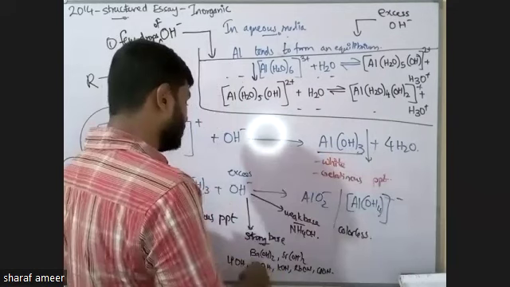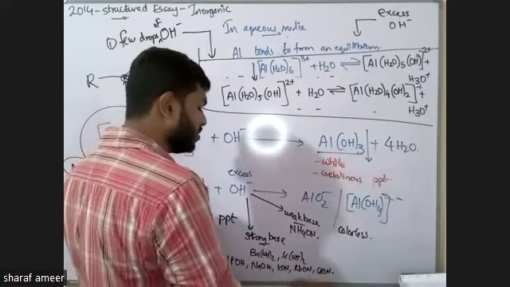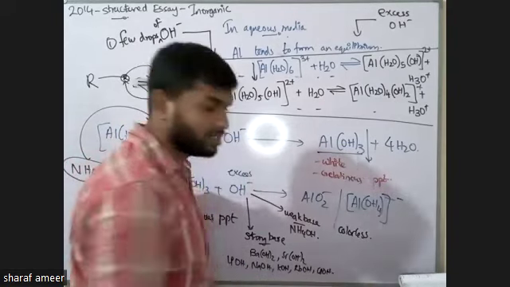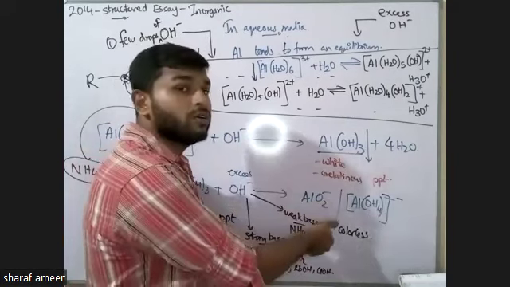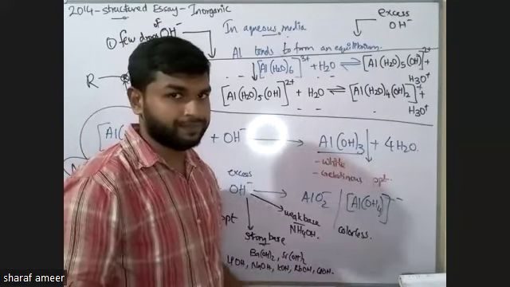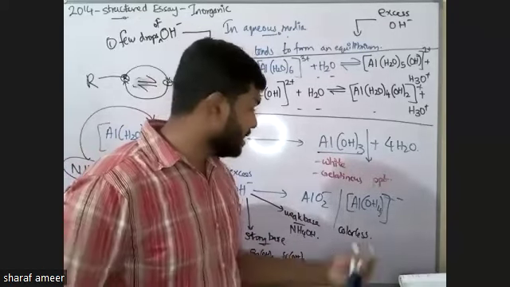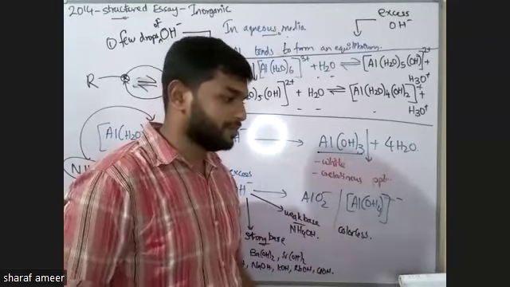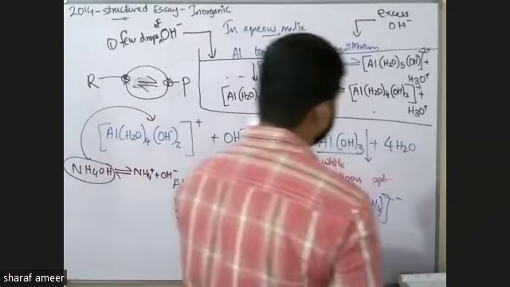But if you add a strong base like barium hydroxide, strontium hydroxide, lithium hydroxide, sodium hydroxide, potassium hydroxide, rubidium hydroxide or cesium hydroxide in excess, this compound has a tendency to form this complex here. Understood? So this is the case for aluminium.